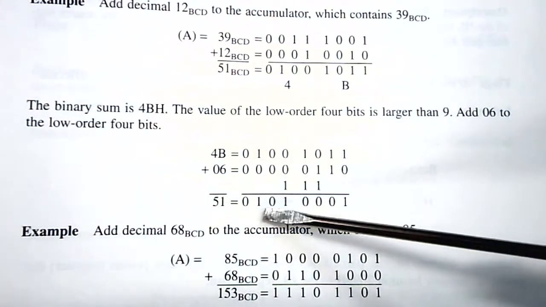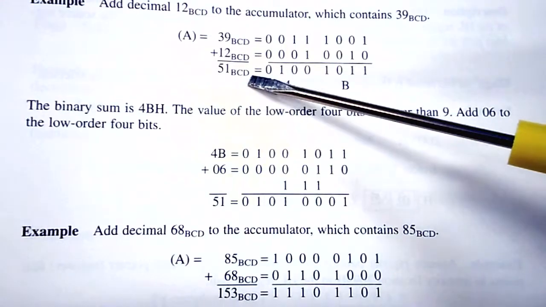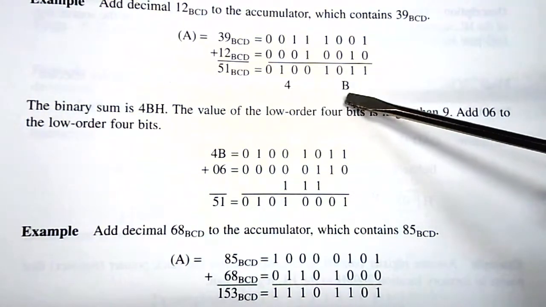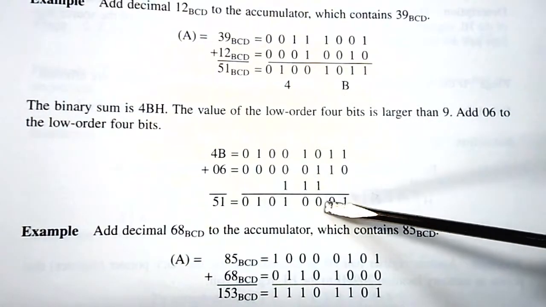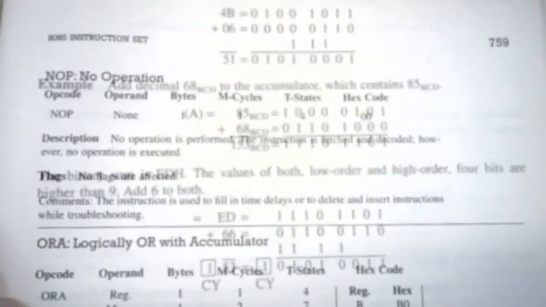So now we have the number 5, 1, which is the addition for BCD numbers. So by adding 6 to anything that's greater than 9, we come up with the correct BCD addition. So your textbook has another example. I suggest you read over it and try to understand it as best as you can.